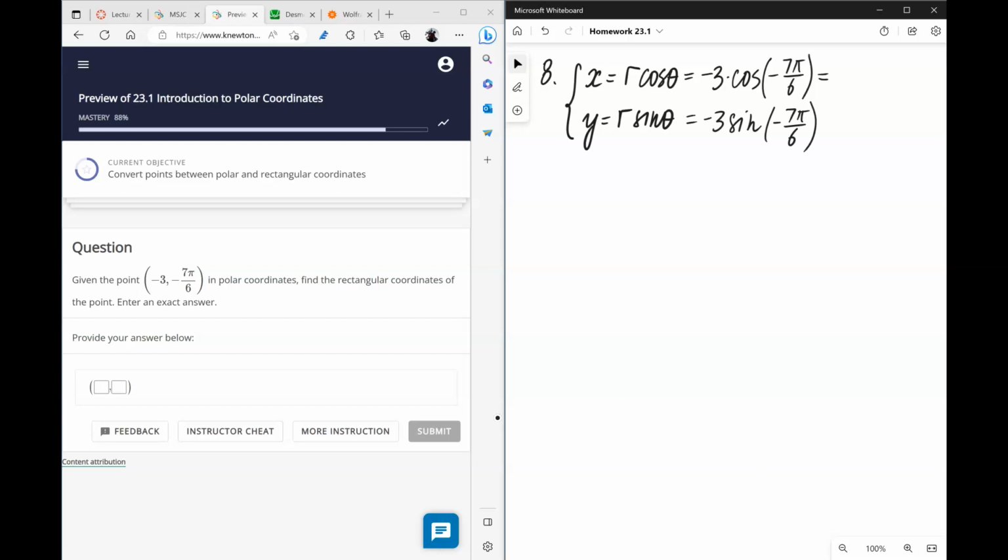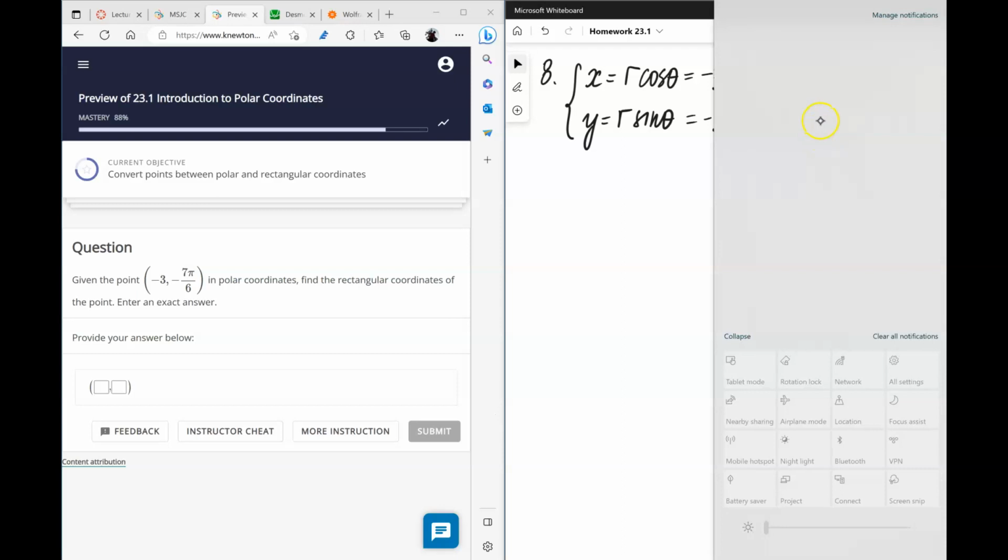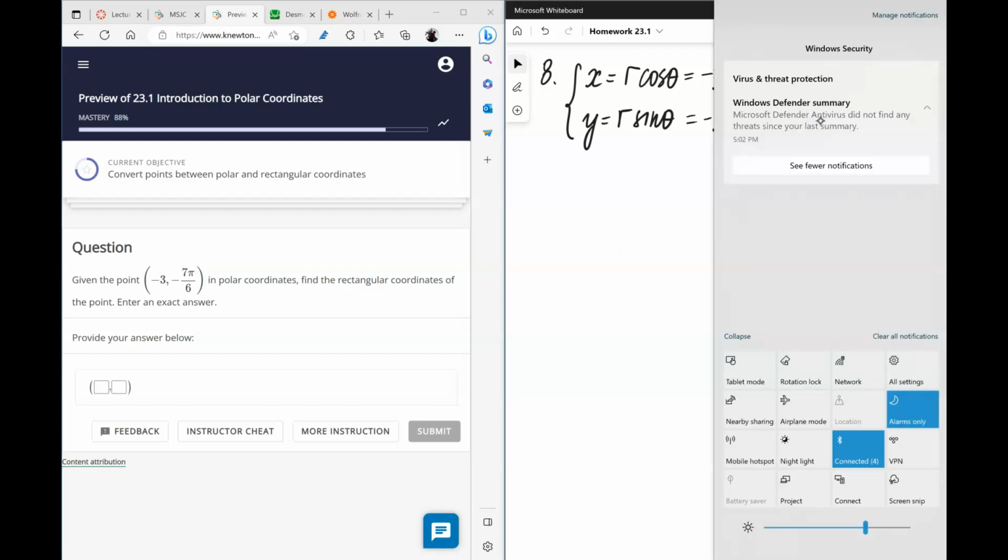Again, applying the formulas this way, this direction, from polar to Cartesian, is pretty straightforward. We don't expect anything to be weird.